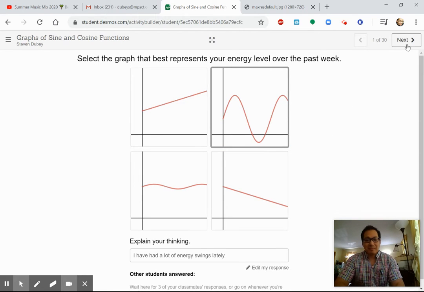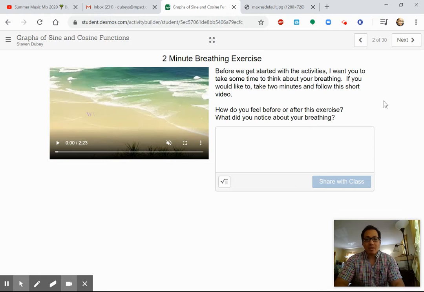I'm not sure. Okay, so what's on our next screen here? By the way, there are 30 screens, but like I said, I'm going to try to make this quick. So this is a 2-minute breathing exercise. I thought there were two good reasons to do this. One is because it's good to take a mental break once in a while. Take 2 minutes to center yourself, so this is a breathing exercise to focus on your breathing.